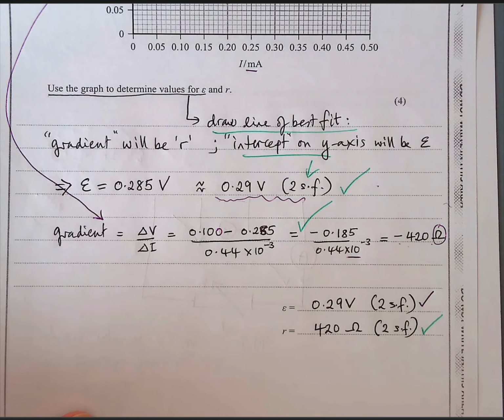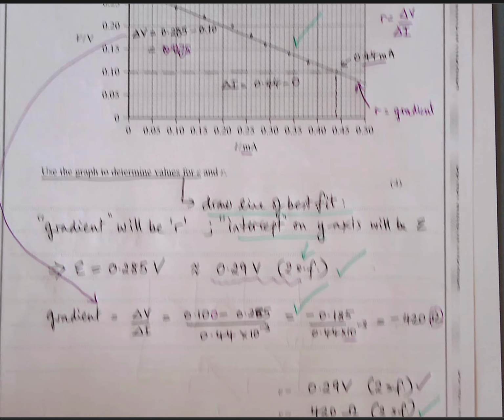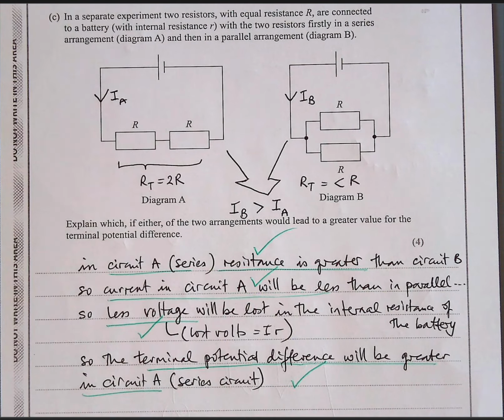Okay, so this is a very common question in this syllabus, is knowing that the EMF is always the intercept on the y-axis, and R is the gradient, which is negative on the voltage terminal potential difference against the current, will give you the internal resistance. Hope that makes sense.